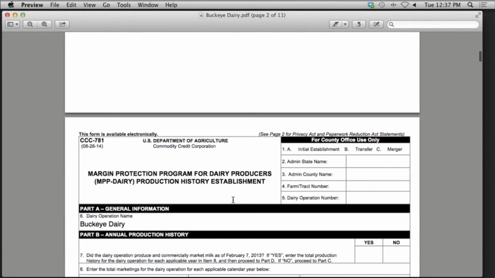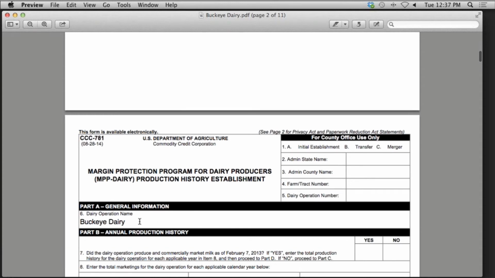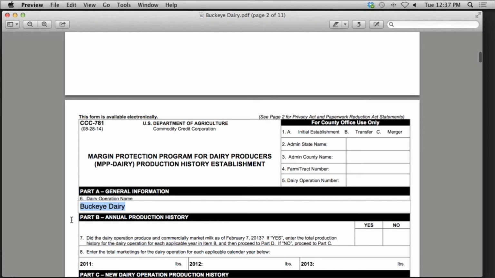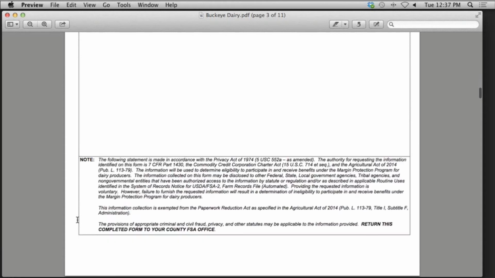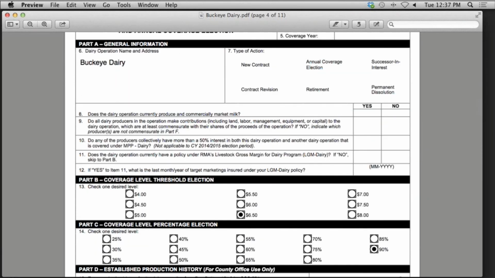As we move down here, we see that my dairy operation name has been populated, Buckeye Dairy. And if we move down, we see that my coverage options of $6.50 and 90% have been populated for me. Users can do this on a phone and get a PDF and then email it to themselves. So on any electronic device, you can generate this PDF and make informed risk management decisions.